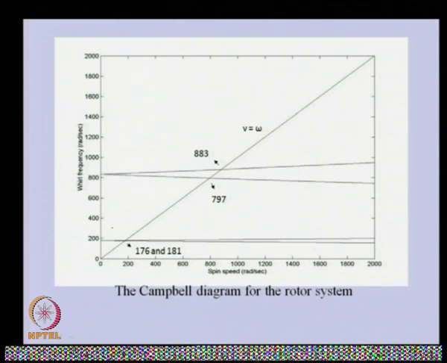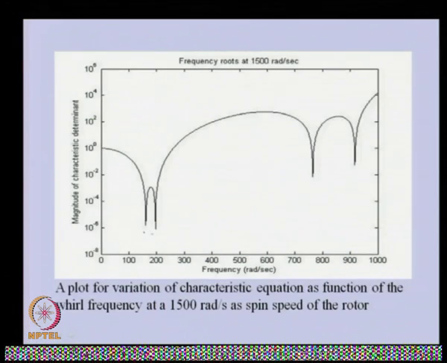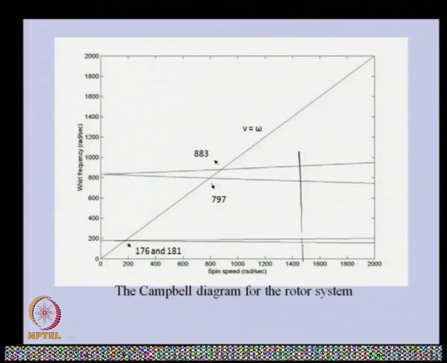At one particular speed, let us say 1500 here, we had 4 intercepts, 1, 2, 3, 4. Those 4 values belong to 2 here and 2 here. Similarly, we vary the speed in this range and obtain various points along these lines.